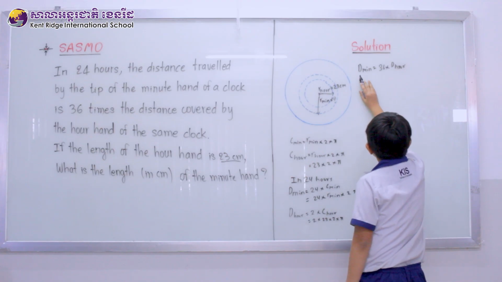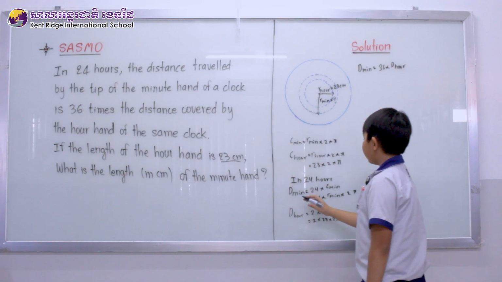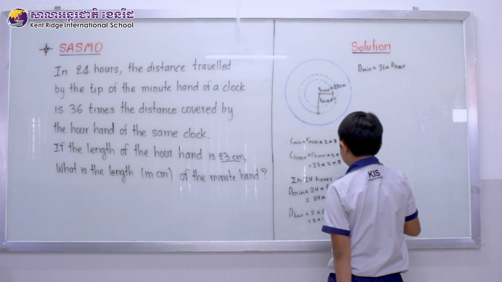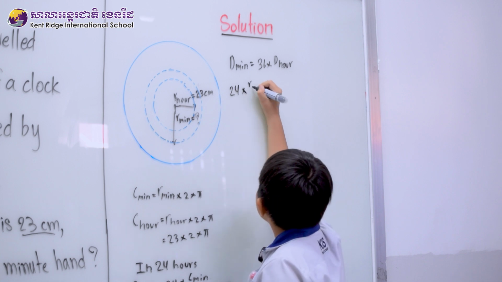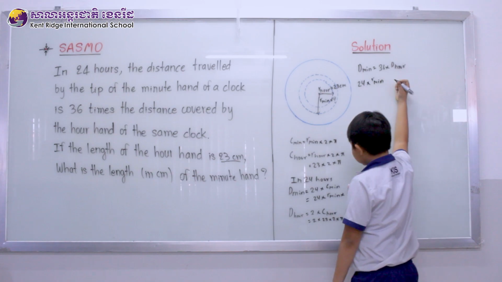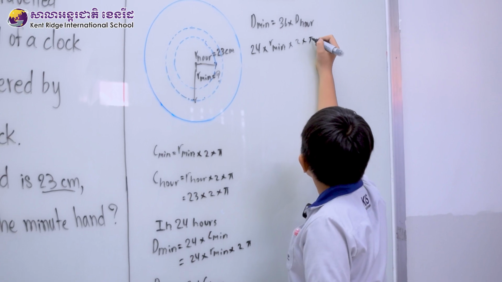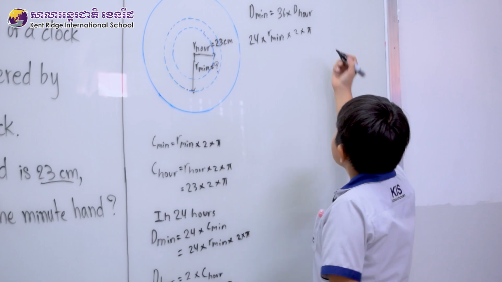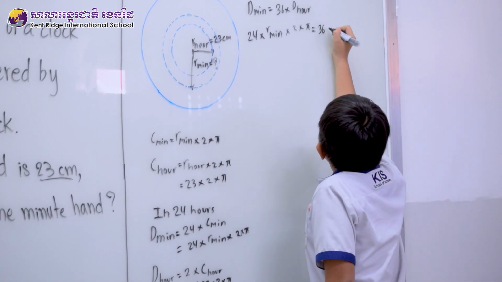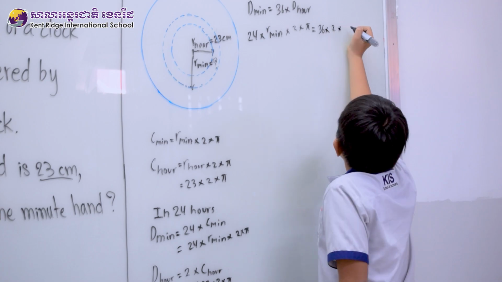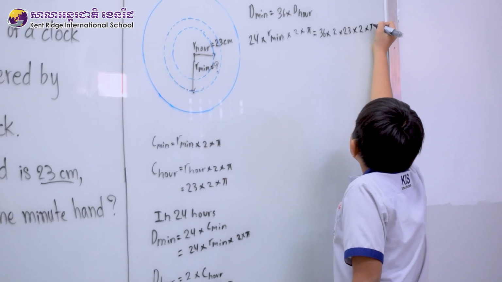So the distance of the minute hand is 24 times the radius of the minute hand times 2 times pi, which is equal to 36 times 2 times 23 times 2 times pi.